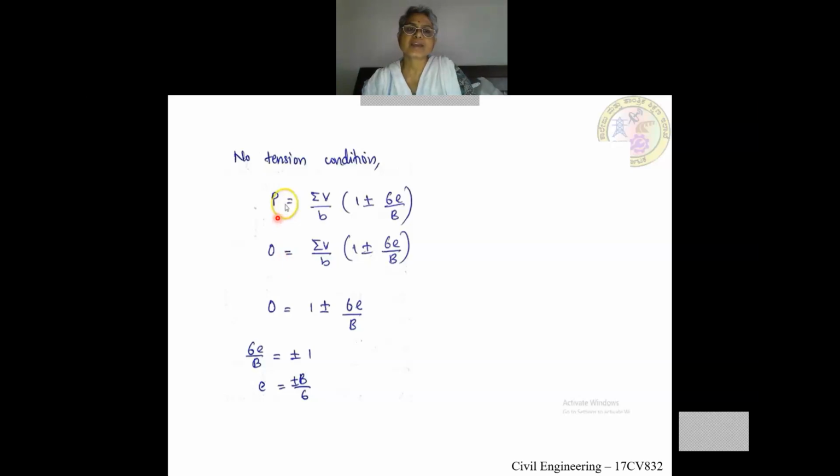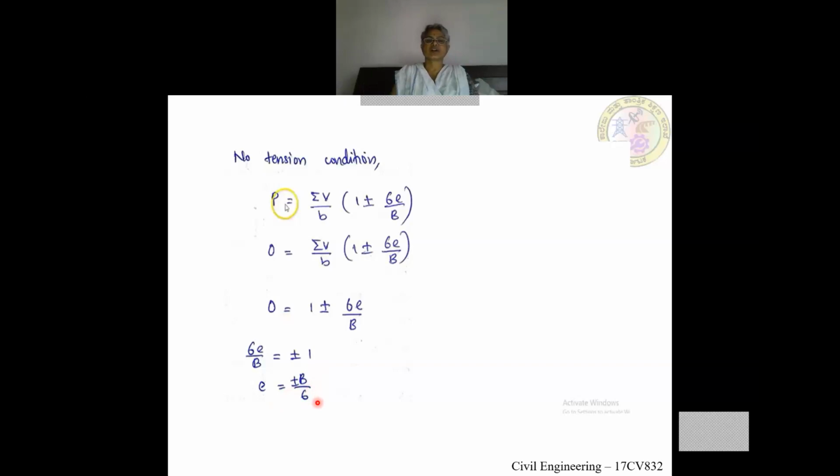So sigma v divided by b into 1 plus or minus 6e by b, if you equate it to 0, either this term is 0 or this term is 0. Sigma v divided by b cannot be equal to 0. Therefore 1 plus or minus 6e by b can be equated to 0, or 6e by b is equal to plus or minus 1, or e is equal to plus or minus b by 6.